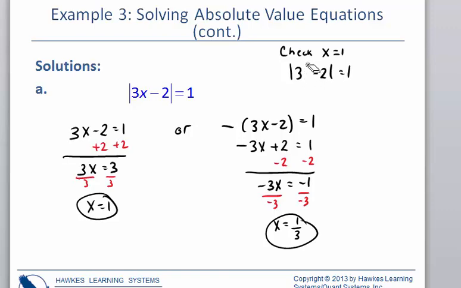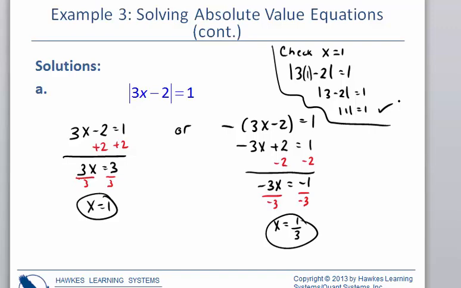In place of this x, we're going to put a 1. So we have the absolute value of 3 minus 2, which is the absolute value of 1, which is equal to 1. And we know that that actually is a solution. You could do the same thing for 1/3, plugging it in, making sure that it actually works. But as I said, both of these are solutions to that absolute value equation.